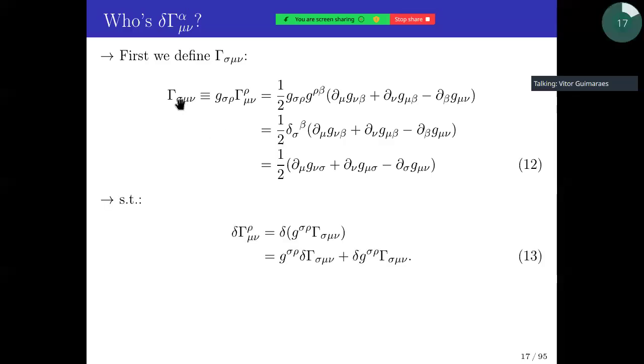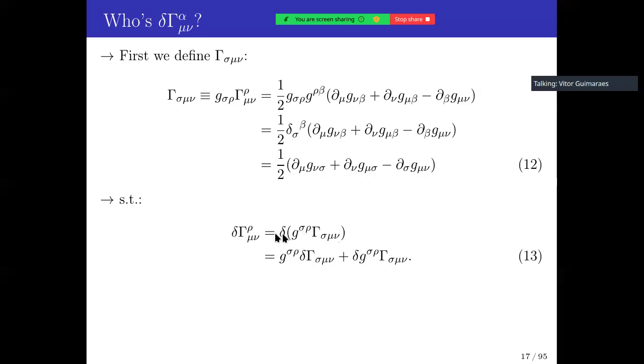Now what we're gonna do is use this delta as a derivative operator, and apply it to the Christoffel symbol, which we can now define as a contraction of the inverse metric with this new Christoffel symbol that we just constructed.